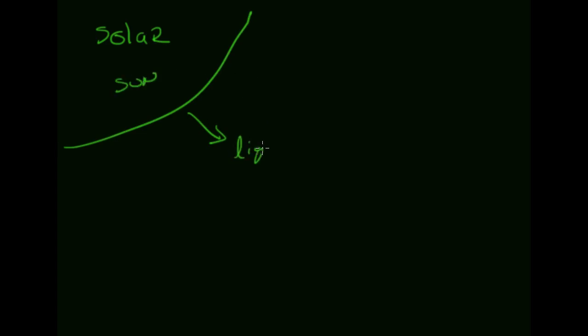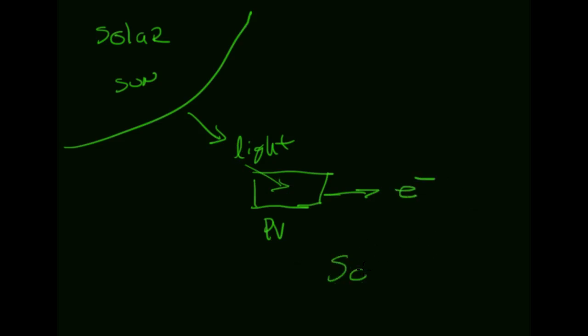Solar is actually kind of energy harnessing, right? We've already got energy coming in from the sun in the form of light. We have a device called a photovoltaic cell, right? That photovoltaic cell absorbs the light and basically transfers that light absorption into electron motion, and this is how we get solar.